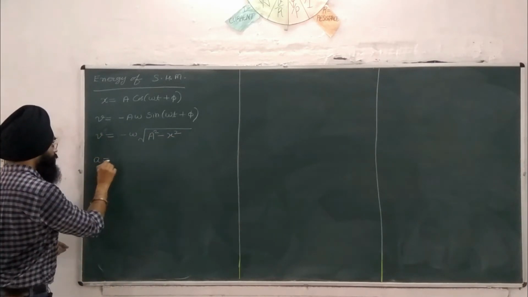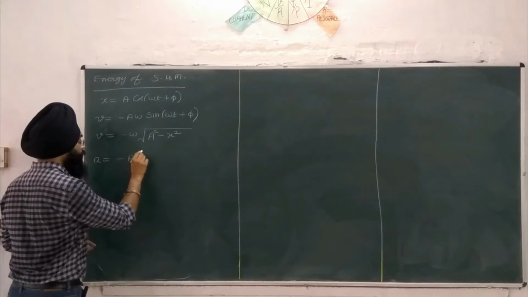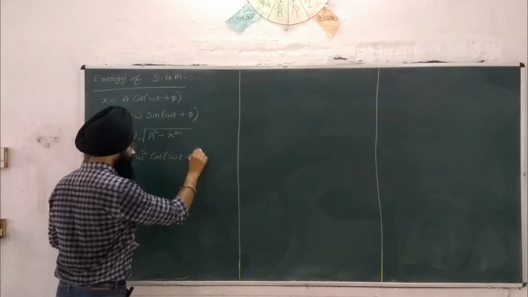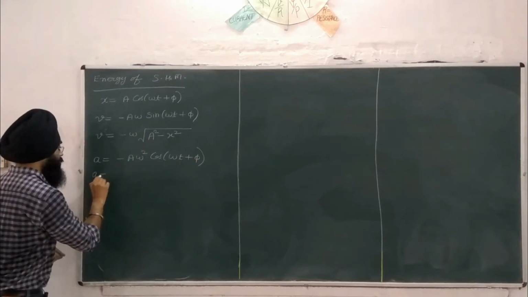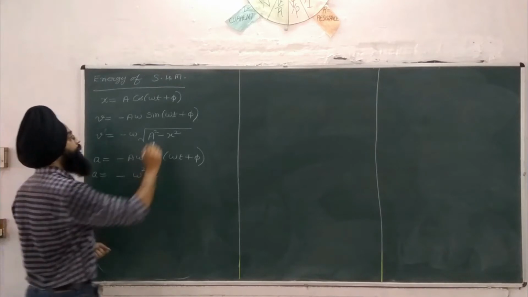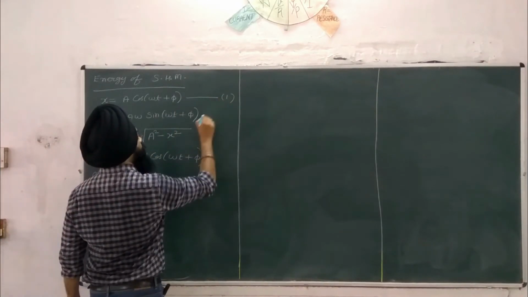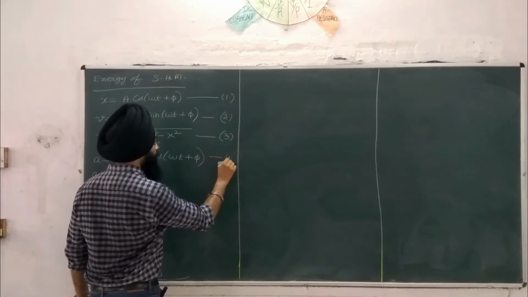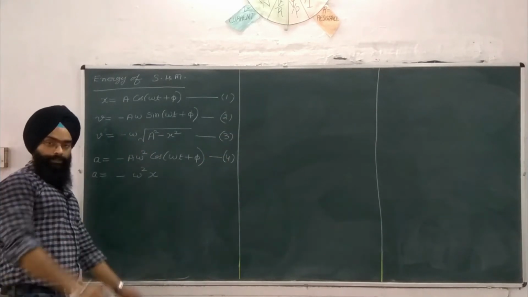The acceleration was minus A omega square cos(omega t plus phi), and it was also minus omega square x. Let these be equation numbers 1, 2, 3 and 4.